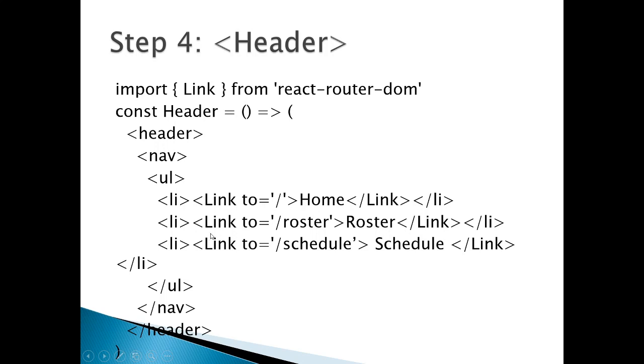This is just like Angular. In Angular, we do routerLink. Here we are using link and the to field. The concept is the same, and against roster we are using slash roster, and schedule for slash schedule. These are the links for which the components will be loaded.